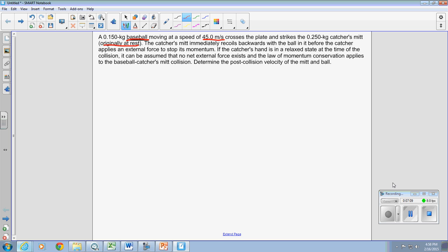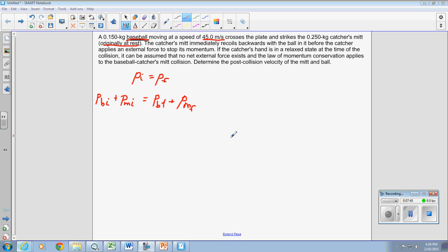First things first, we know that initial momentum is going to be equal to final momentum, and we can expand on the initial momentum by calculating the initial momentum of the baseball and the initial momentum of the mitt. So we just label these: momentum of the ball initial plus momentum of the mitt initial, and that makes up the initial side of the momentum equation.